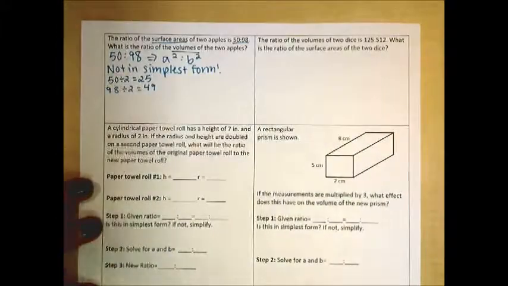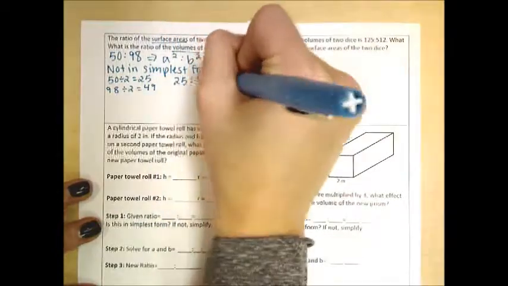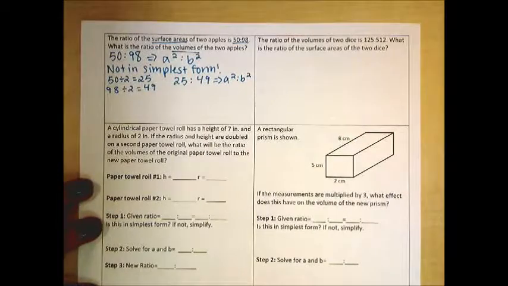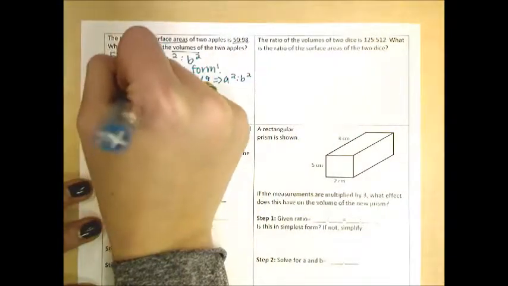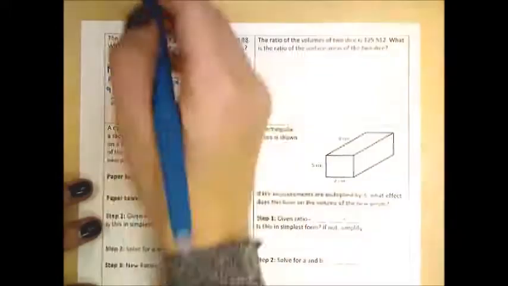So my simplest form for my ratio is 25 to 49 as A squared to B squared. So now that I've got it in simplest form, I can solve for A and B. So I have that 25 equals A squared and 49 equals B squared.